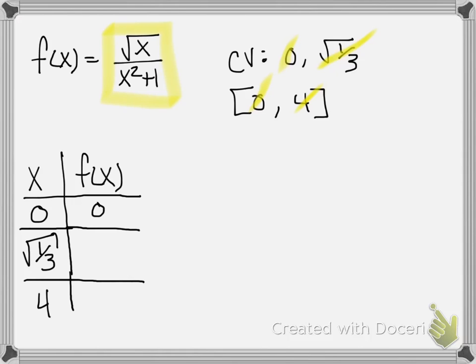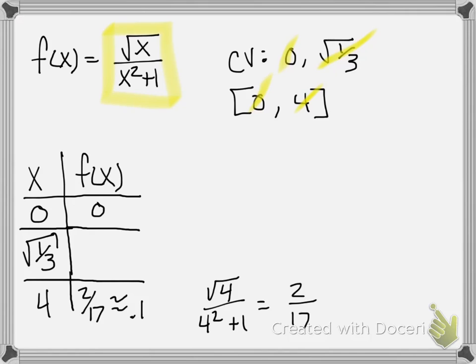Just to skip a little bit, go ahead and plug in 4. That gives us the square root of 4 over 4 squared plus 1, which is equal to 2 over 17. If you wanted to work that out, that's approximately 0.12.